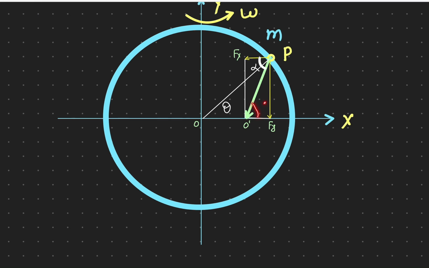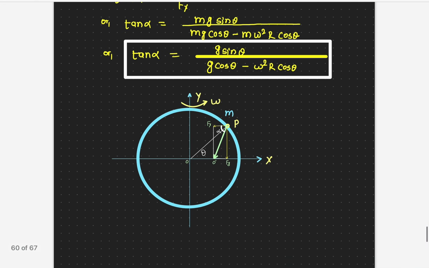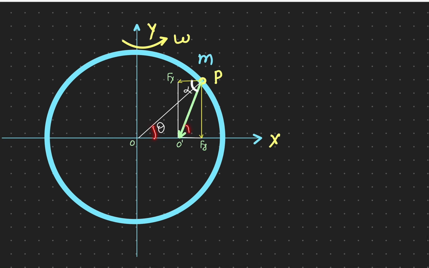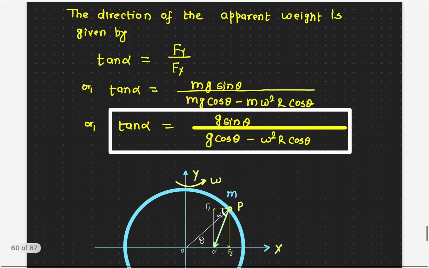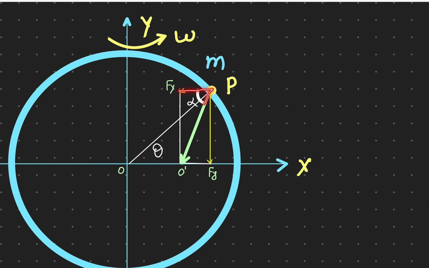In fact, the theta and alpha, if you calculate, will be very, very close. In other words, there is not much difference between this theta and alpha, and I'm going to show you later in the video. So how do I find out the alpha here? Remember, theta is the latitude, and alpha is the direction of the apparent weight or apparent acceleration. If you look again at this triangle here, this is my fx and this is my fy.